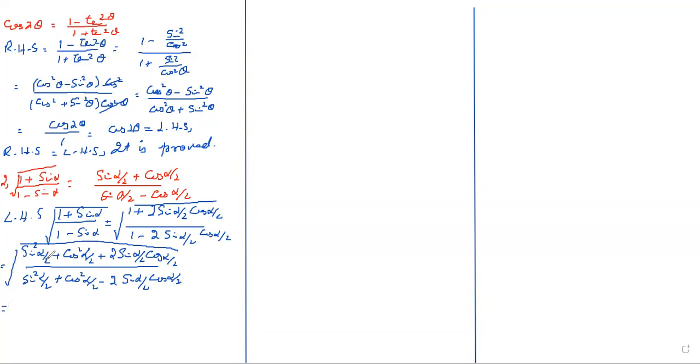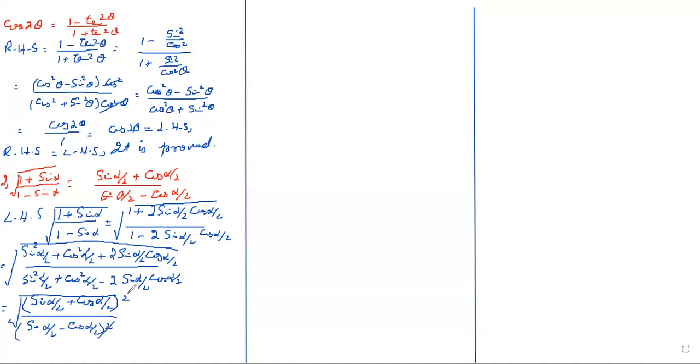So now using the formula a square plus b square plus 2ab as a plus b whole square, we can write it sine alpha by 2 plus cosine alpha by 2 the whole square, under the square root, divided by the same sine alpha by 2 minus cosine alpha by 2 the whole square.